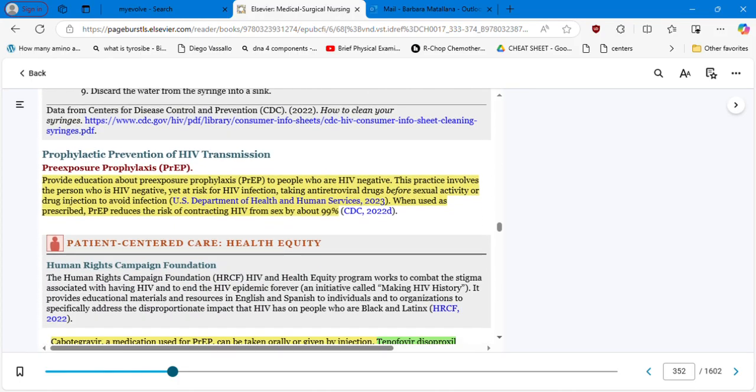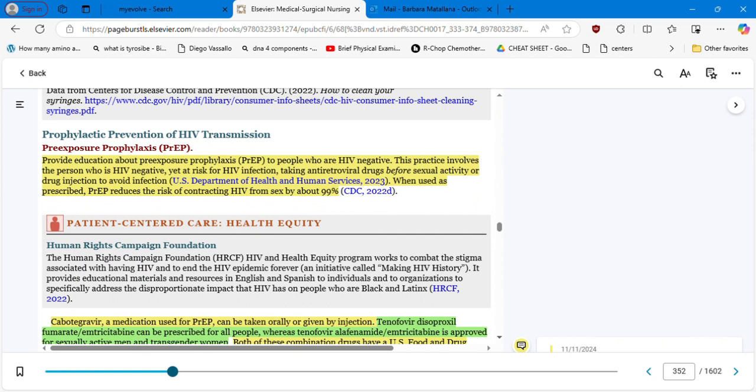Also, let's talk right now about pre-exposure prophylaxis, PrEP. Provide education about PrEP to people who are HIV negative. This practice involves the person who is HIV negative yet at risk for HIV infection taking antiretroviral drugs before sexual activity or drug injection to avoid infection.